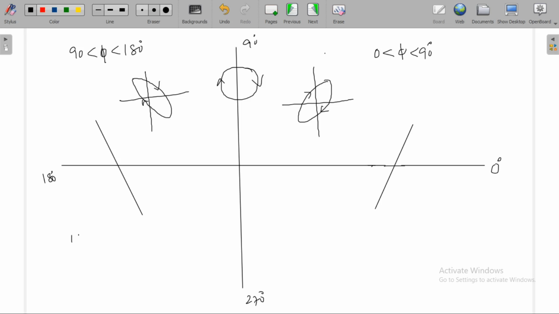Here the angle lies between 180 degrees and 270 degrees. Then you're going to get an ellipse only, like this, same as this, but in anti-clockwise direction.